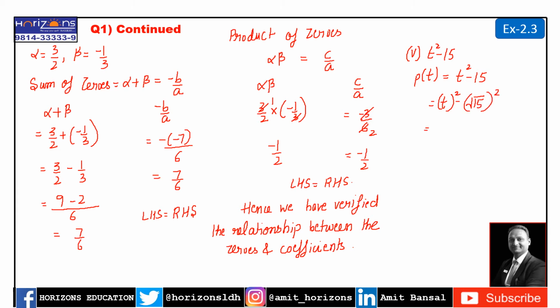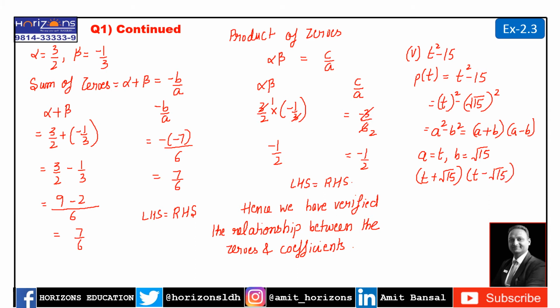So using the formula, a square minus b square is equal to a plus b into a minus b, right? Here a is t and b is root 15. So I will get t plus root 15 into t minus root 15.